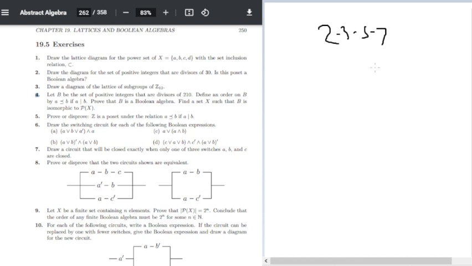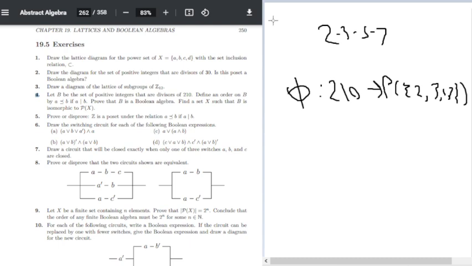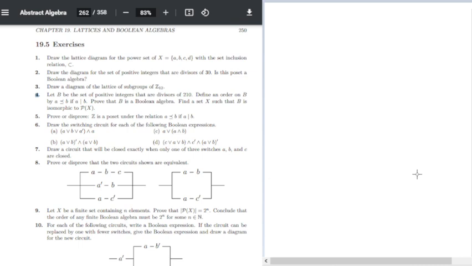That seems right, because 6 times 5 is 30, times 7 is equal to 210. So we can just apply the isomorphism phi from the divisors of 210 to the power set of {2, 3, 5, 7}, and from there it shows that it's a Boolean algebra, because the power set is a Boolean algebra, and isomorphisms only take Boolean algebras to Boolean algebras.